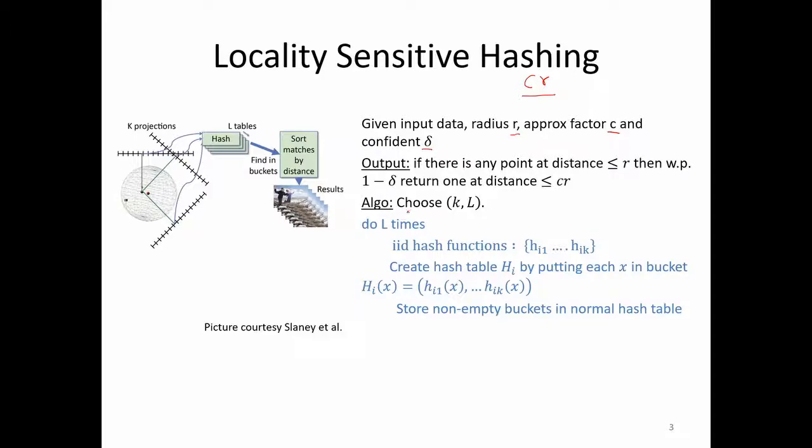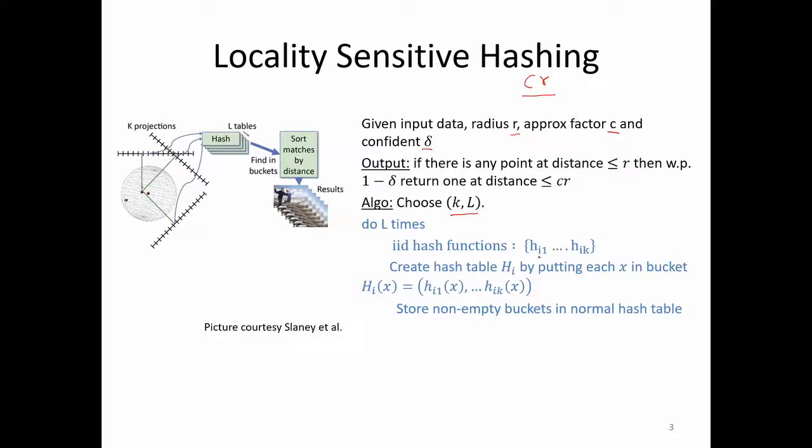Okay, now how do you go about solving this problem? So as we discussed, you choose K and L. Okay, there are L hash tables, each having K hash functions. Okay, so each hash table, you can think of it as having a k-dimensional hash function. Okay, then you draw these IID hash functions h_i1 till h_ik, where i is the ID of the hash table.